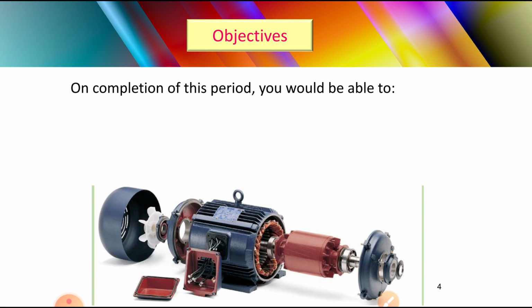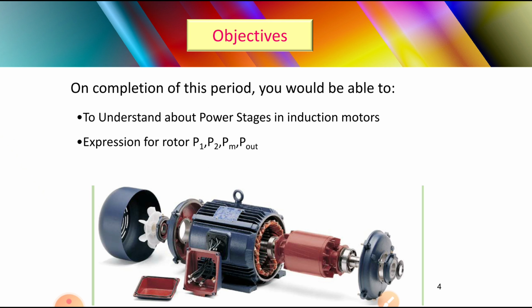On completion of this period you would be able to understand power stages in induction motors, and expressions for rotor powers and stator powers like P1, P2, PM, P out, and the relation between the slip and these terms. It is very simple.